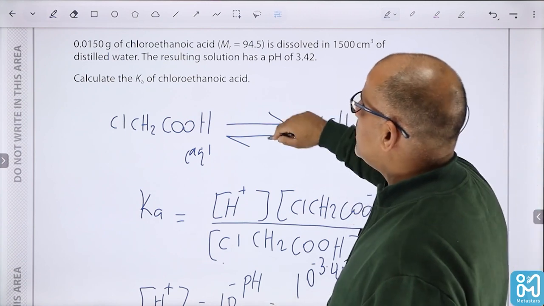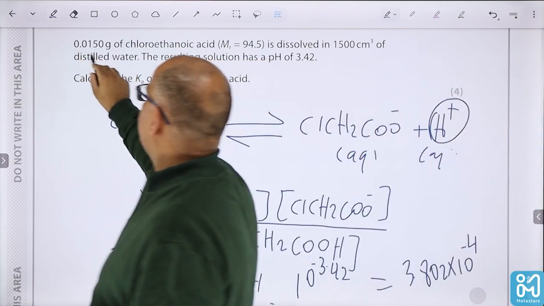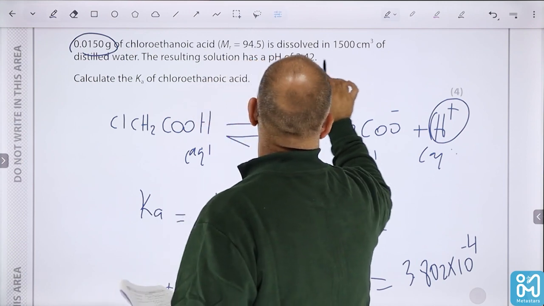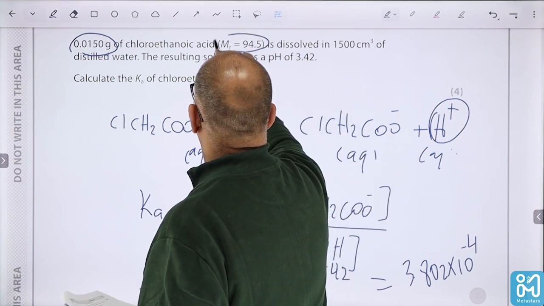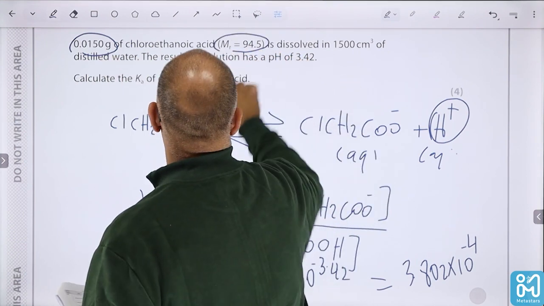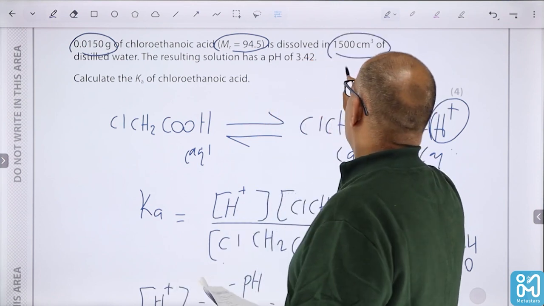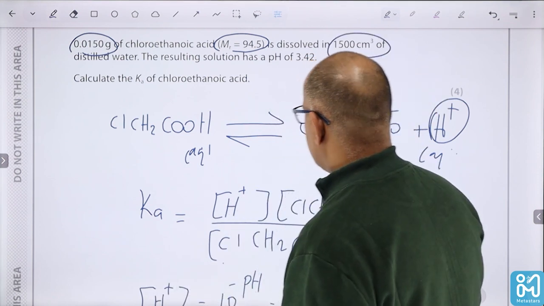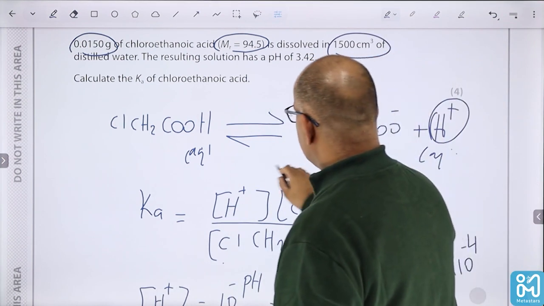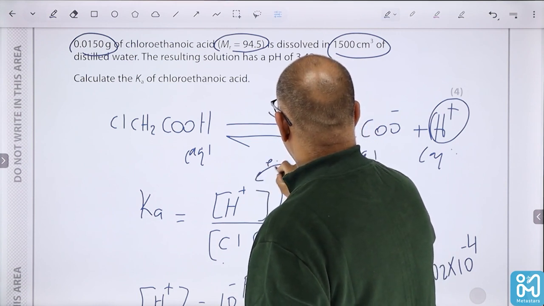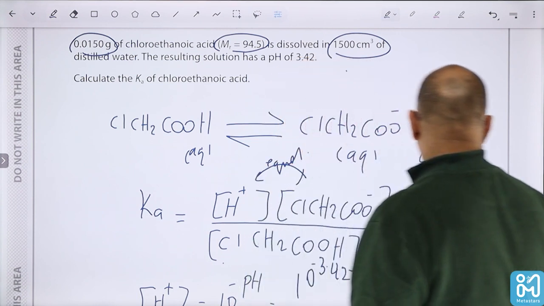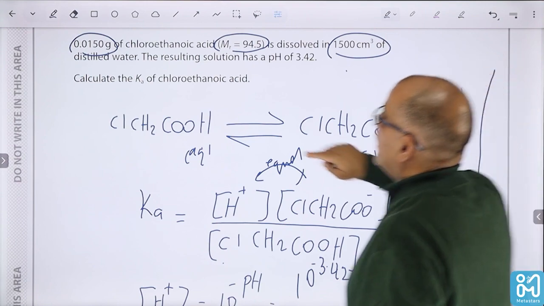And we can find the concentration of the acid by finding the number of moles, dividing the mass over the molar mass, then over the volume. This is the concentration of the acid, and we consider those are equal. Then you apply the formula like that.